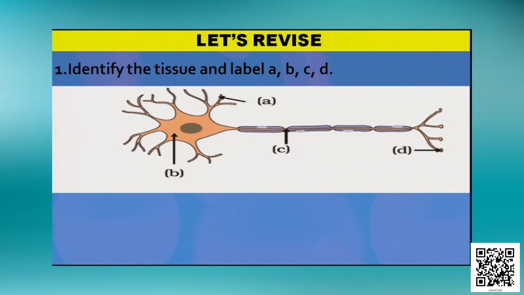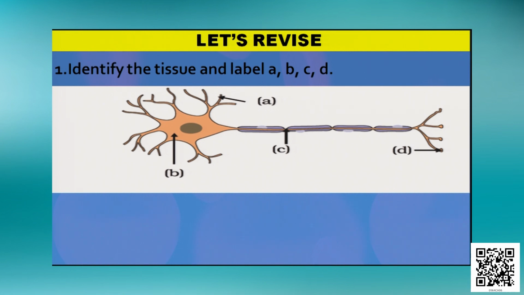So till now you have learnt about muscular tissue and nervous tissue. So let's revise what you have learnt. Here is a picture, one image for you. Identify the tissue and label A, B, C, D. A, B, C, D are the main parts of this tissue.